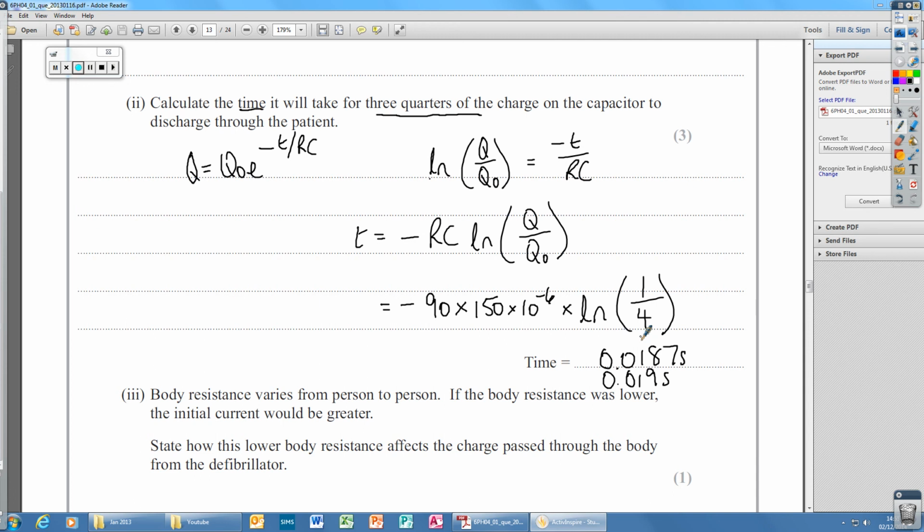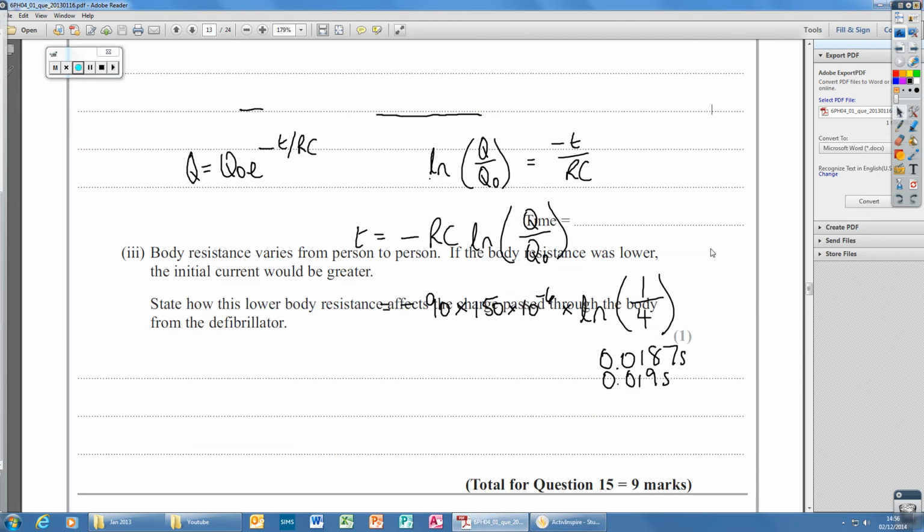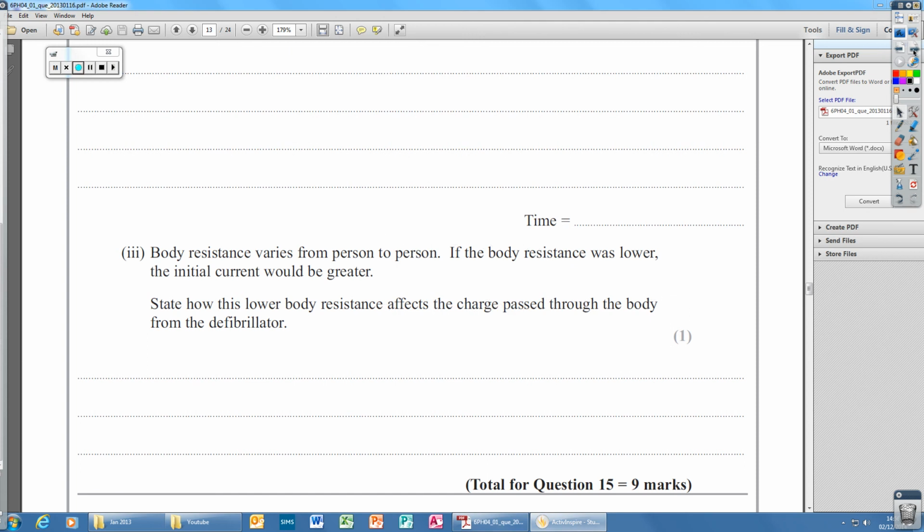And that final written question. There you go, this final written question. So if the body resistance of a person was lower, the initial current would be greater. Yeah, that kind of makes sense, doesn't it? State how this lower body resistance affects the charge passed through the body.